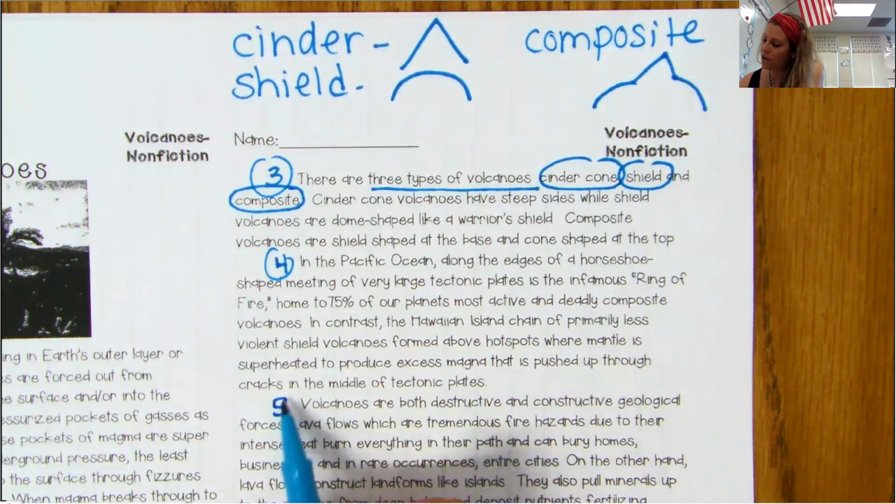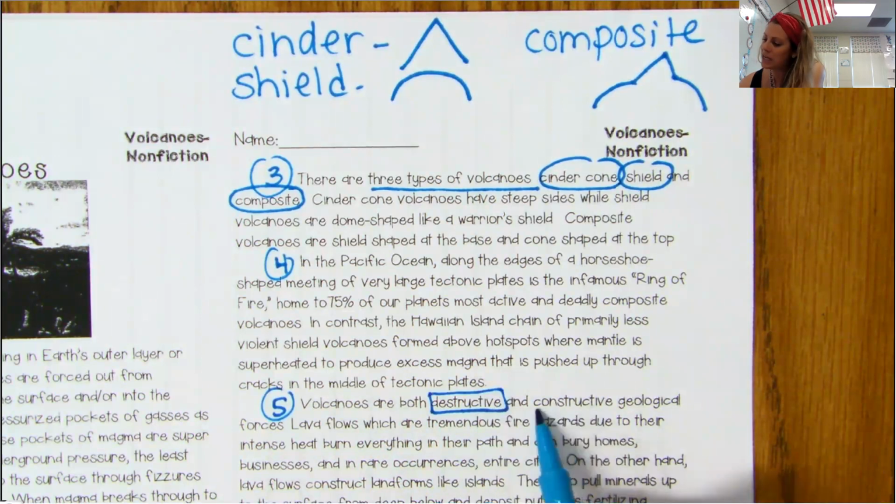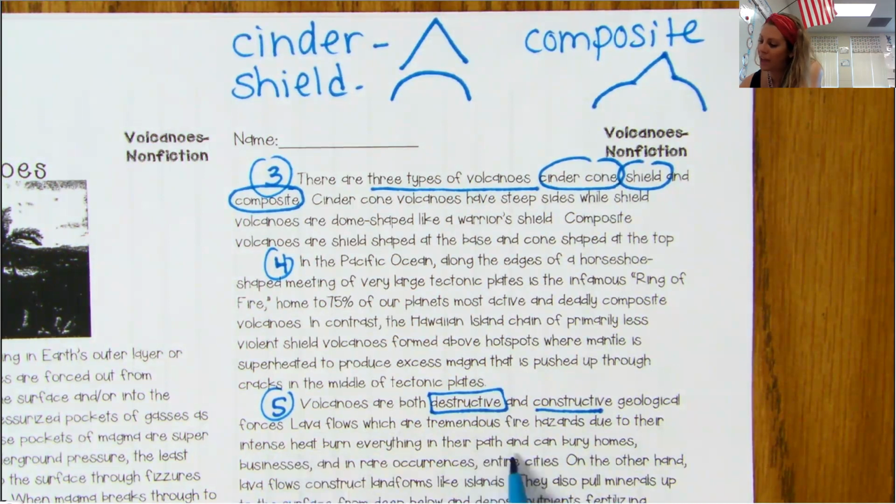Paragraph 5. Volcanoes are both destructive, that's an important word, and constructive geological forces. Lava flows, which are fire hazards due to their intense heat, burn everything in their path and can bury homes, businesses, and in rare occurrences, entire cities.